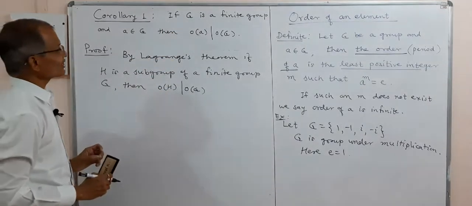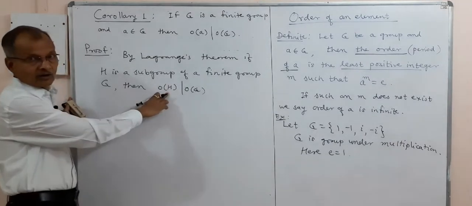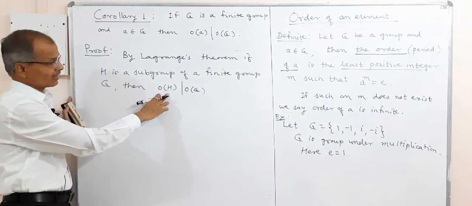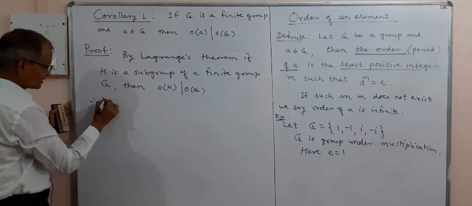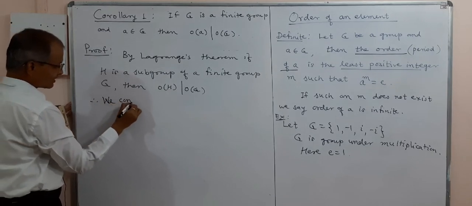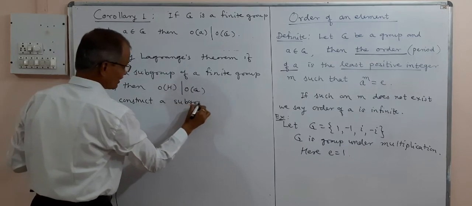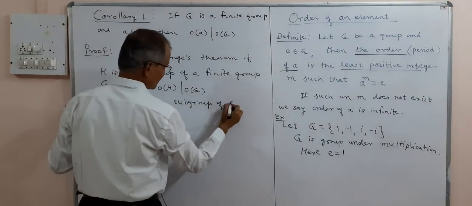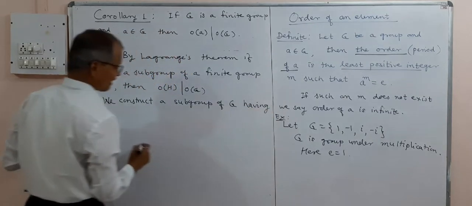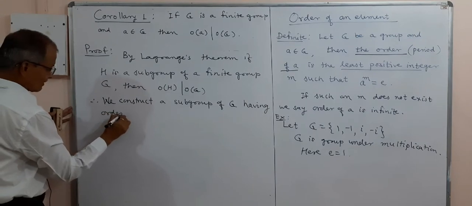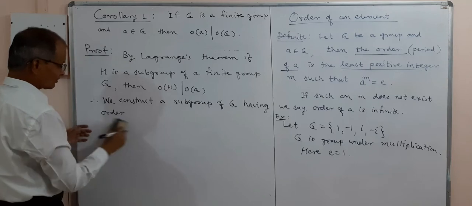Now here, we shall have to form a subgroup H of G such that the order of H is equal to the order of a. So we shall construct a subgroup of G having order equal to the order of a.